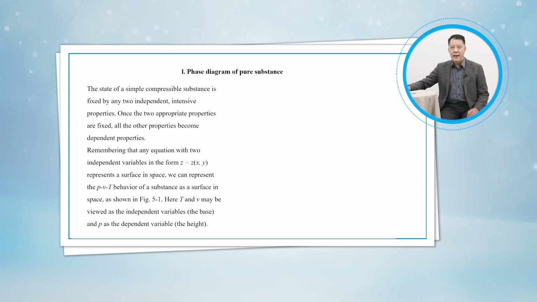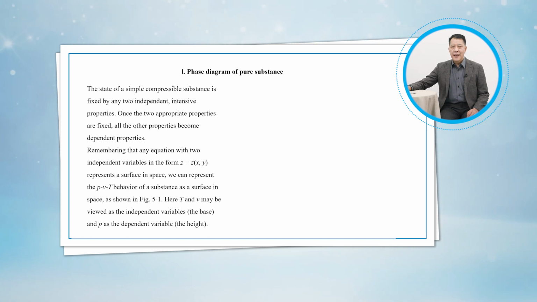Remembering that any equation with two independent variables in the form z equals z of x, y represents a surface in space, we can represent the PVT behavior of a substance as a surface in space, as shown in Figure 5.1.